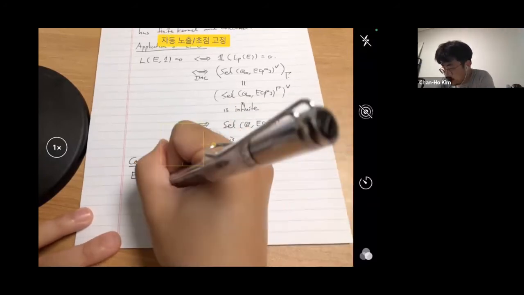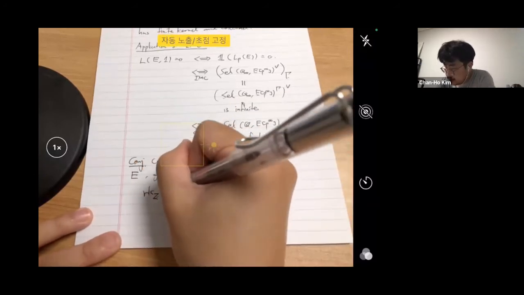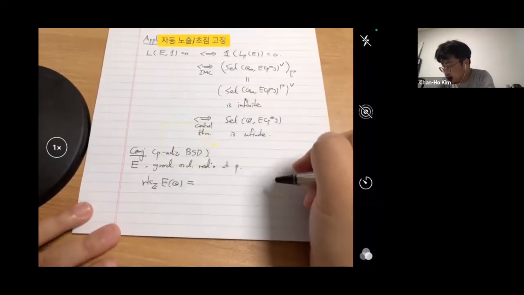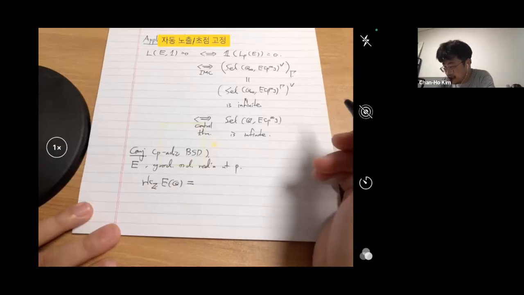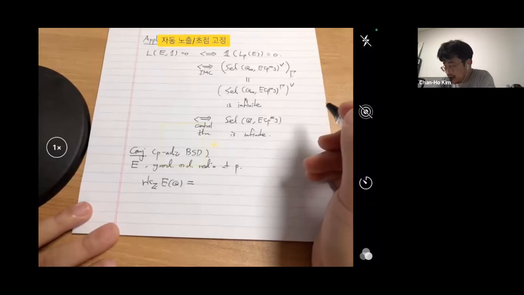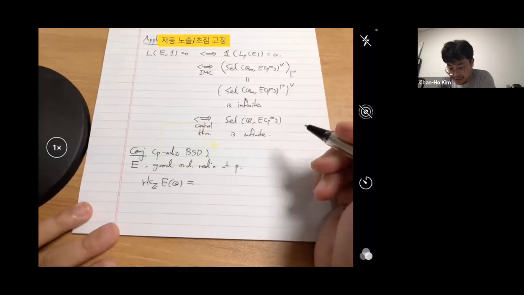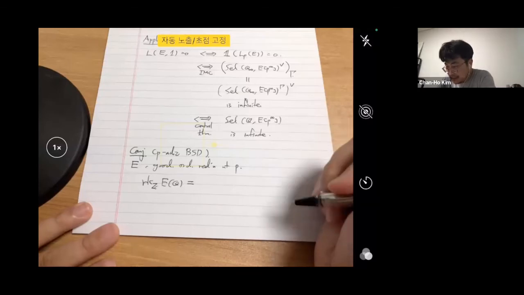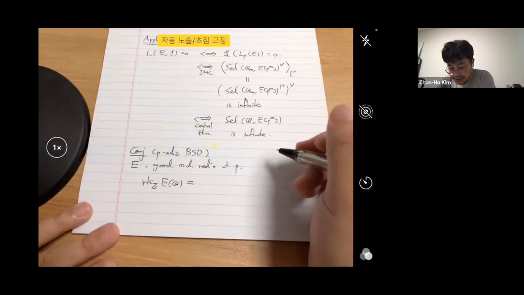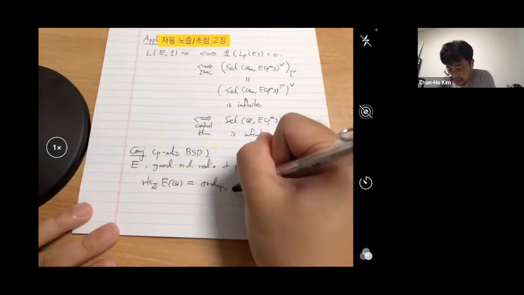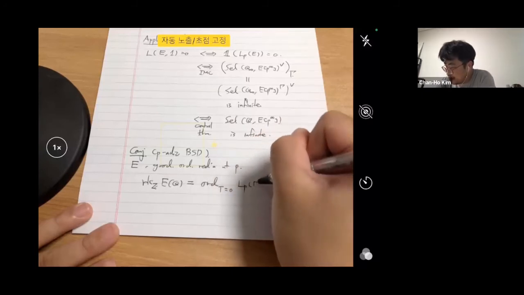The rank of the elliptic curve is the same as the following. My p-adic L-function lies in the one-variable power series ring over Z_p, so I can consider its expansion at t equals 0, and then consider its order at t equals 0 of L_p.